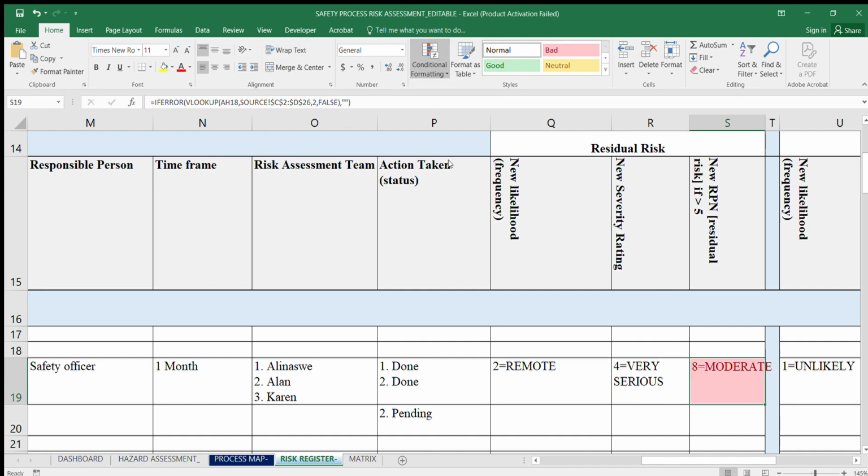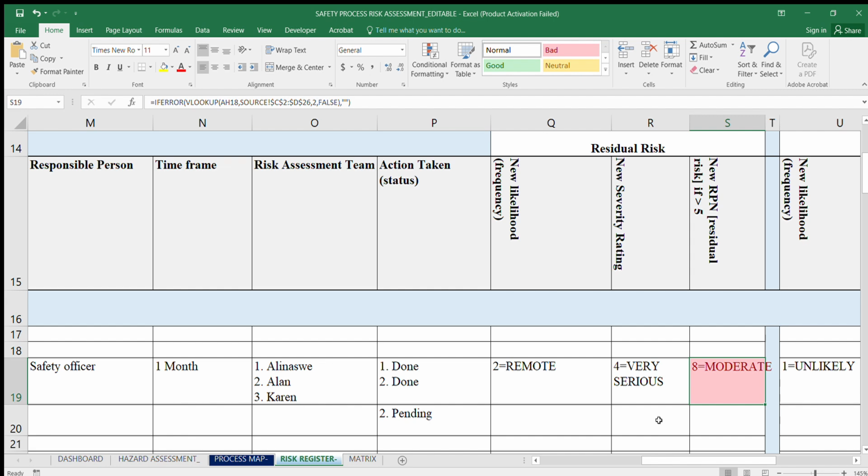At this point, if the risk is still moderate, it means that you need to implement the mitigations that you had proposed to put up. Only when you implement will this particular risk reduce.